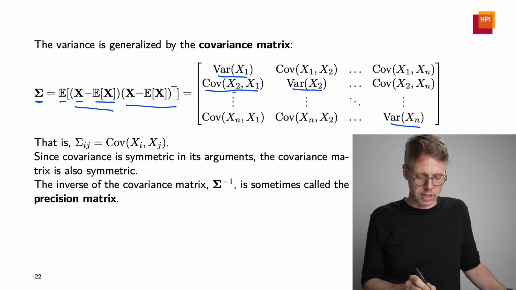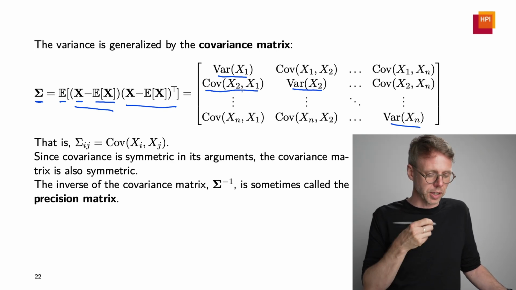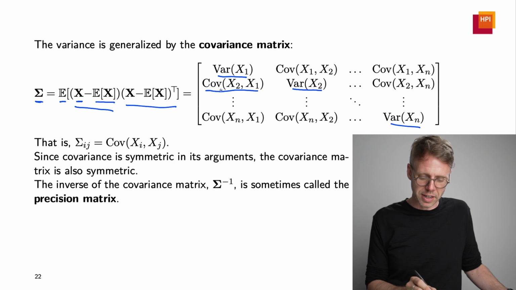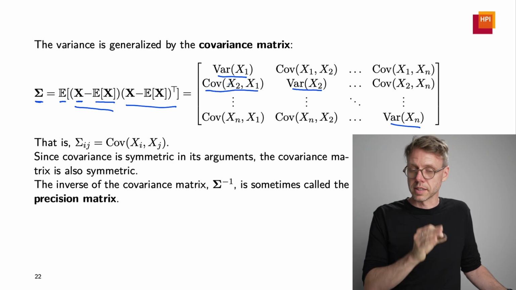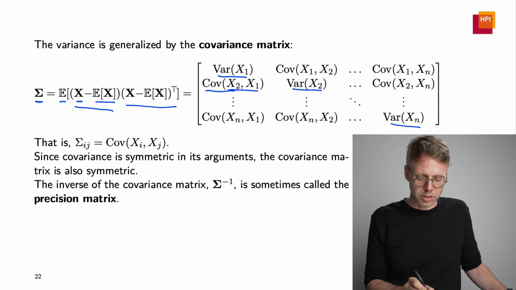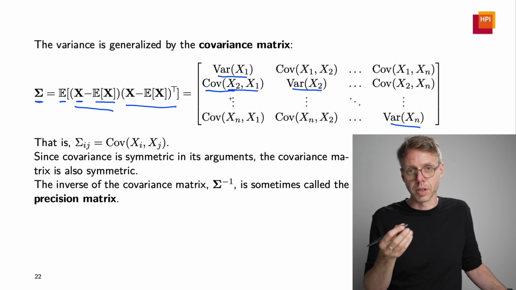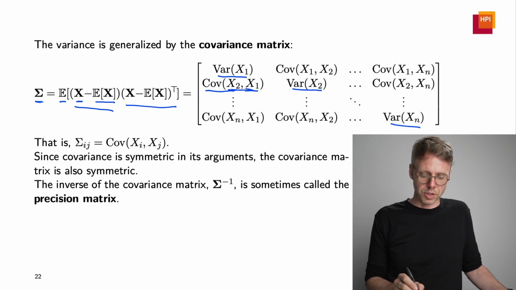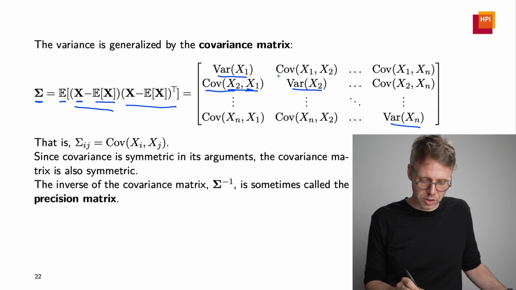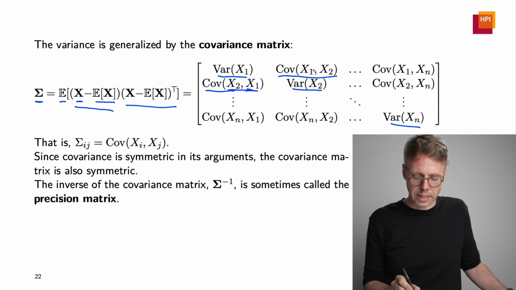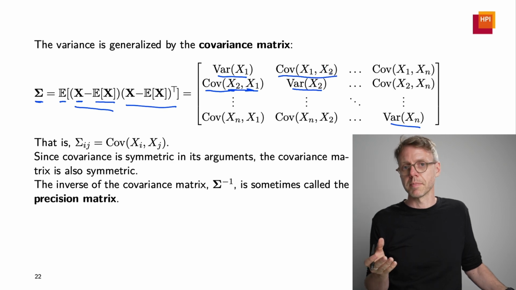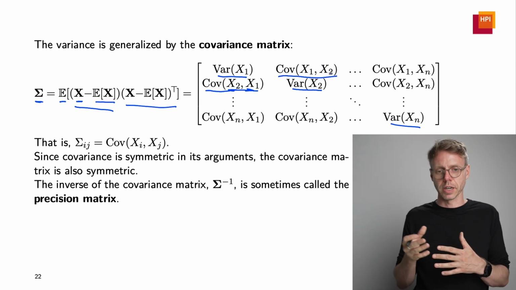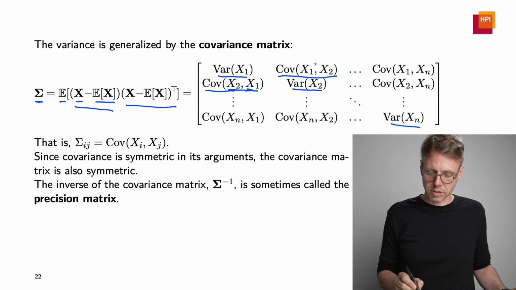So the entry 2, 1 of the covariance matrix is the covariance between the second component of random vector x, so of x2, with the first component, so x1. It follows also that this matrix is symmetric, so the covariance of x1 and x2 is the same as the covariance of x2 and x1.